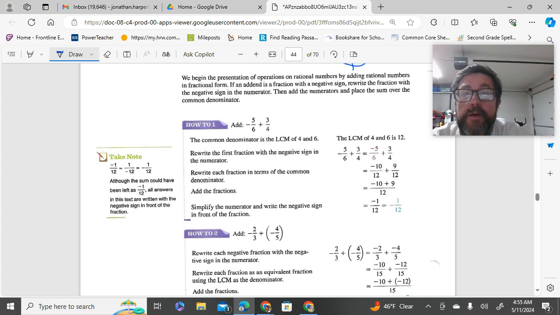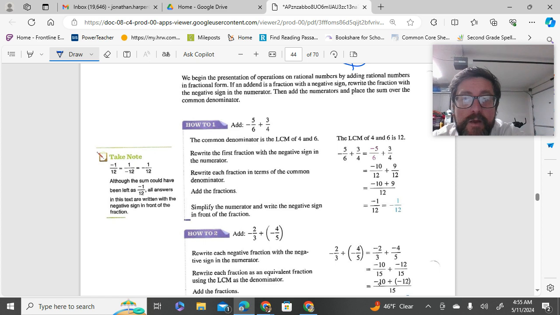If an addend is a fraction with a negative sign, rewrite the fraction with the negative sign in the numerator, then add the numerators and place the sum over the common denominator. Okay, so this is going to be a lot easier if you just use your calculators, but we'll do it by hand here.